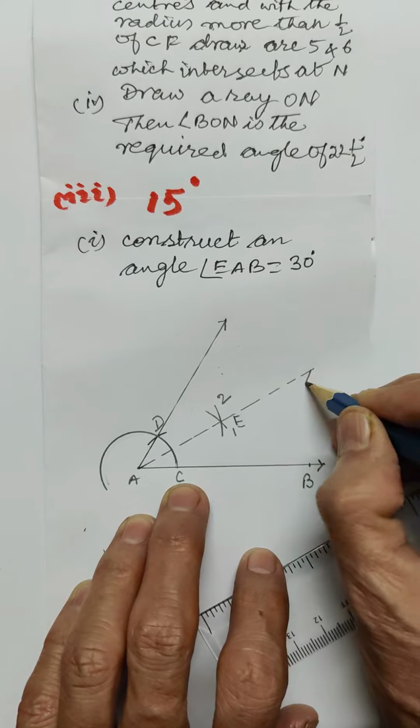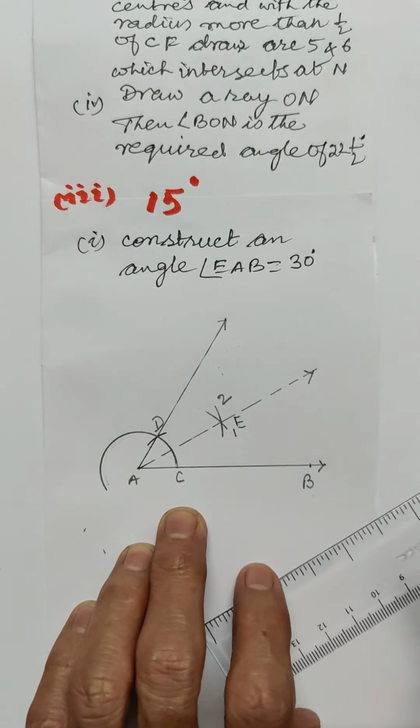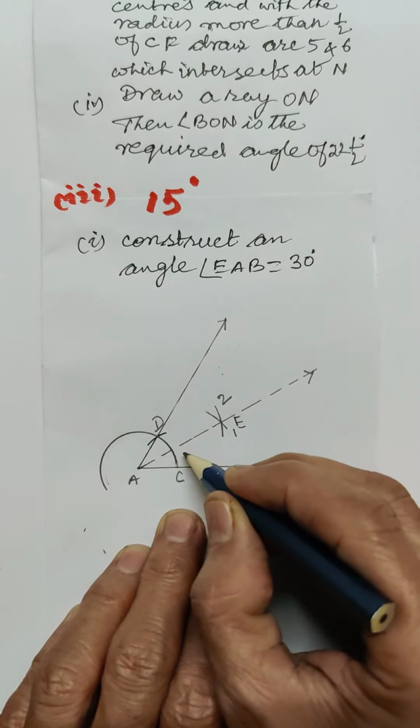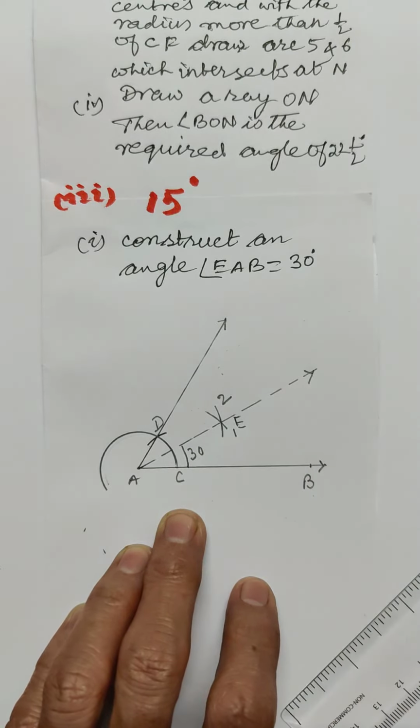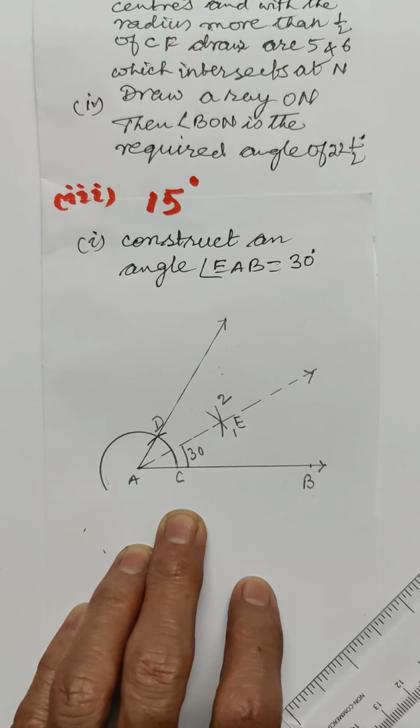This way EAB is an angle of 30 degree. Now we shall draw the bisector of angle of 30 degree.